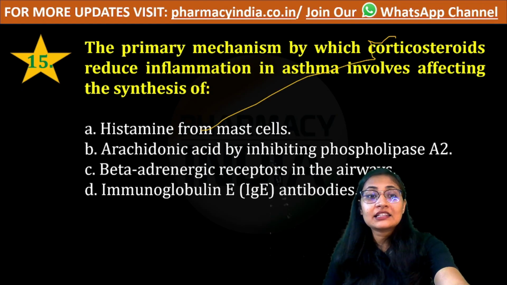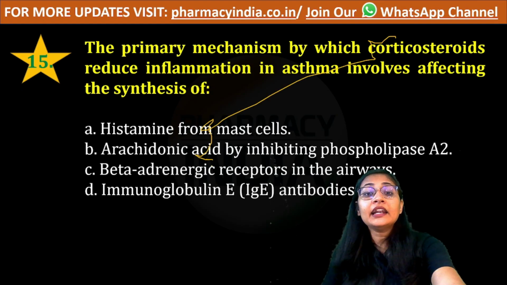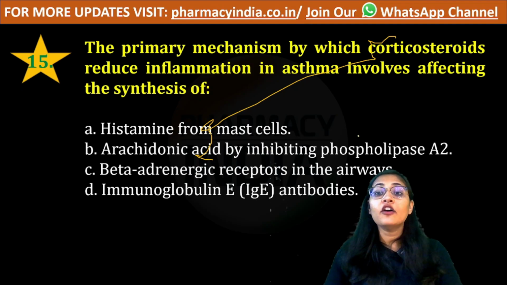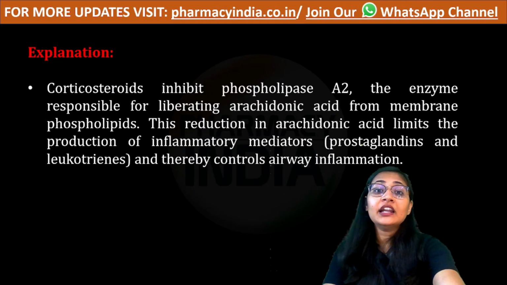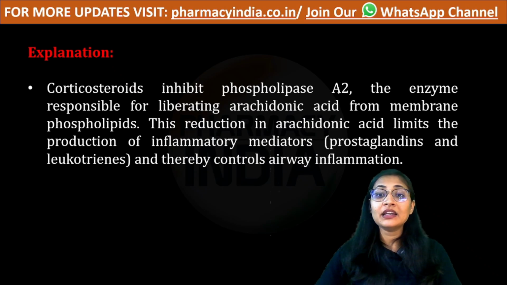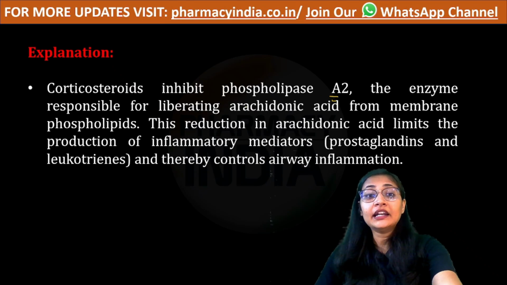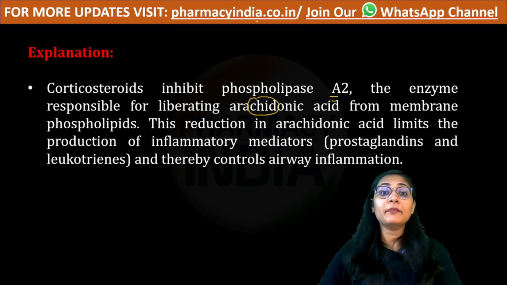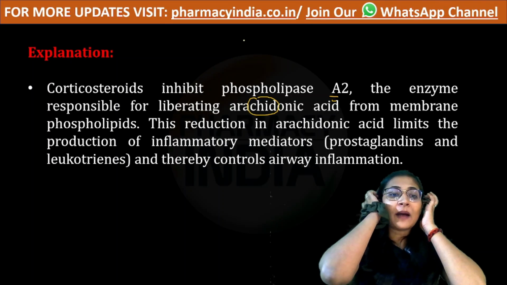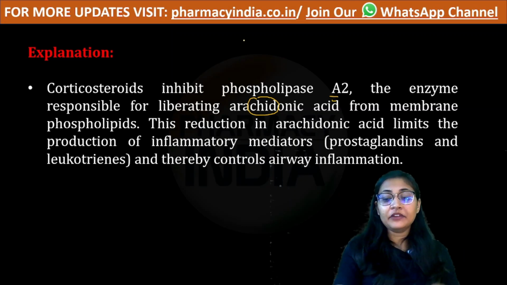So the correct answer is option B, arachidonic acid, by inhibiting phospholipase A2. Corticosteroid inhibits phospholipase A2, the enzyme that liberates arachidonic acid from the membrane phospholipid. This part I have explained to you in the previous question.